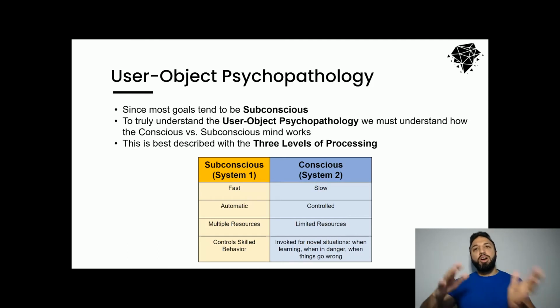And the conscious brain, which is the more slow, controlled, and mindful, this is the actual thinking. When you say, let me think about it, this is system two. When you don't think about it and you just do, this is mostly subconscious, system one. When you're actually investing mental faculties into something, this is system two.